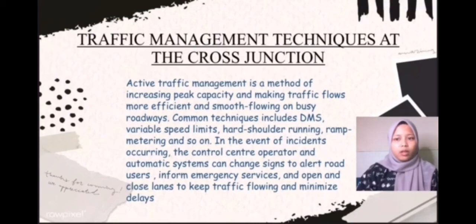In the event of an incident occurring, the control center operator and automatic system can change signs to alert road users from emergency services and open the closed lane to keep traffic flowing and minimize delay.